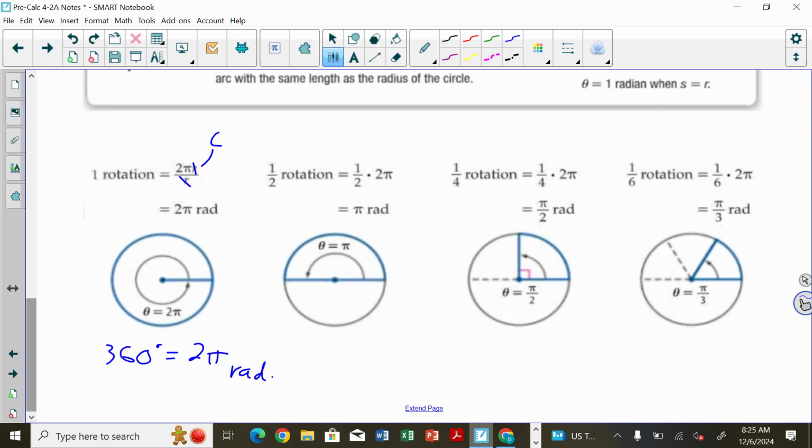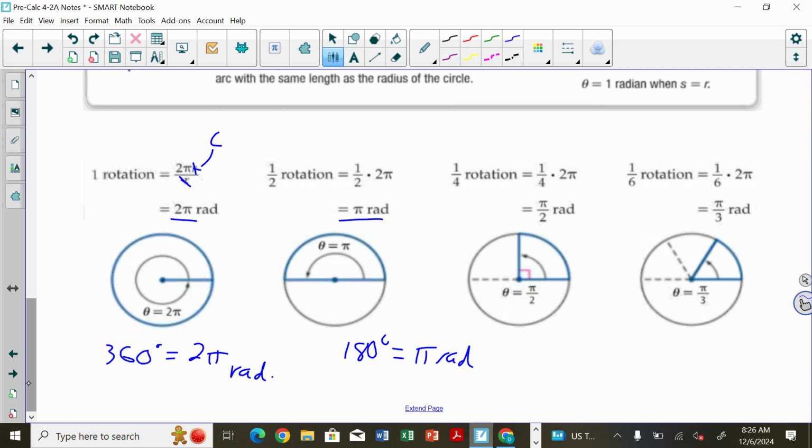Now 180 degrees, if we take 1/2 of that, and really we're just going to use the 2 pi because we know those r's are always going to cancel out, 1/2 of 2 pi would be pi, so 180 degrees would equal pi radians.